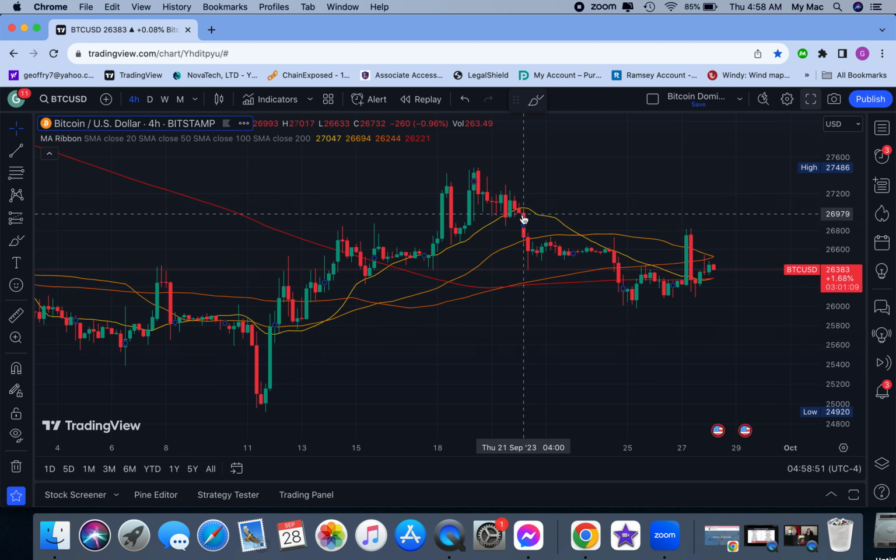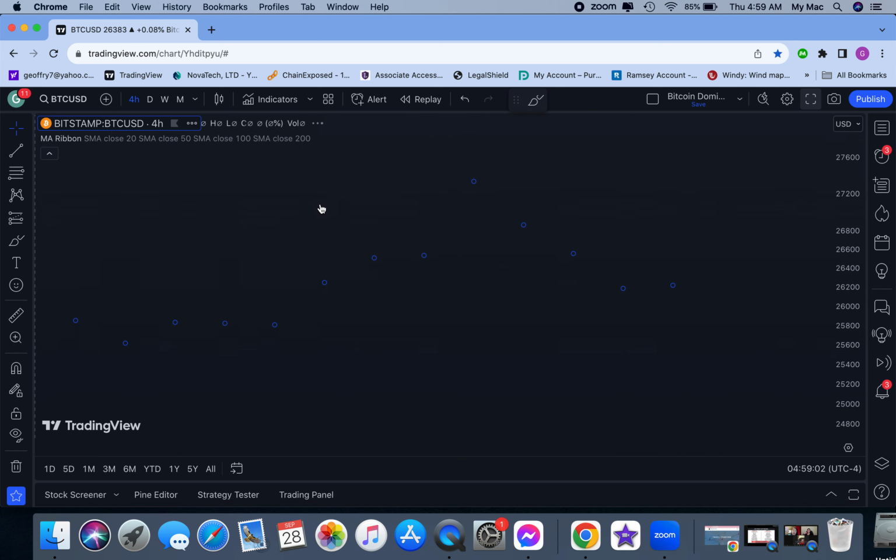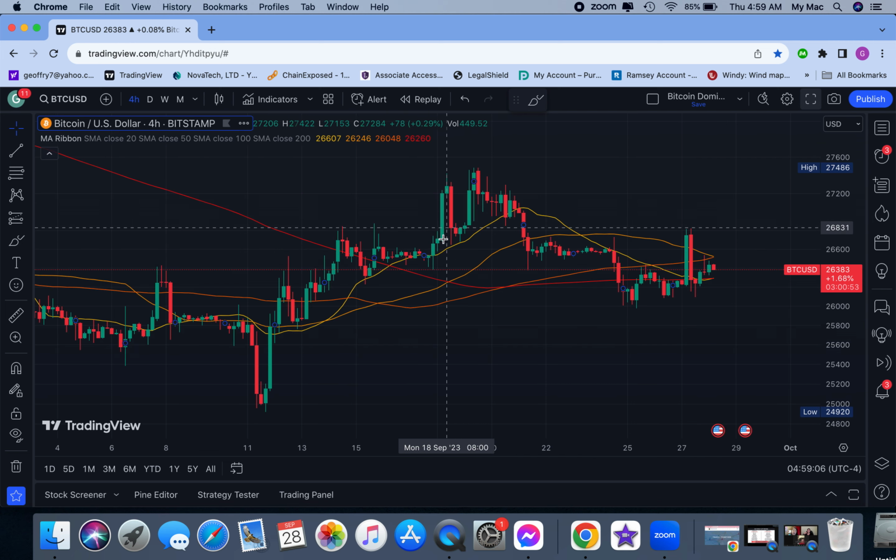Once you break it and close below it. See, we didn't actually close below it here. We closed right on it here, and we actually closed above it here. So we were close to the band, but we didn't break it as the support.